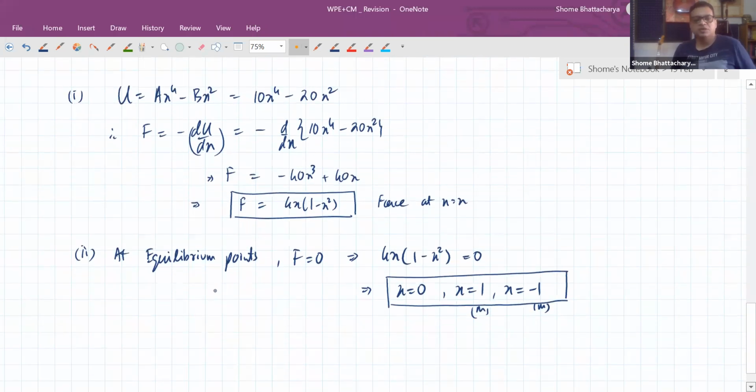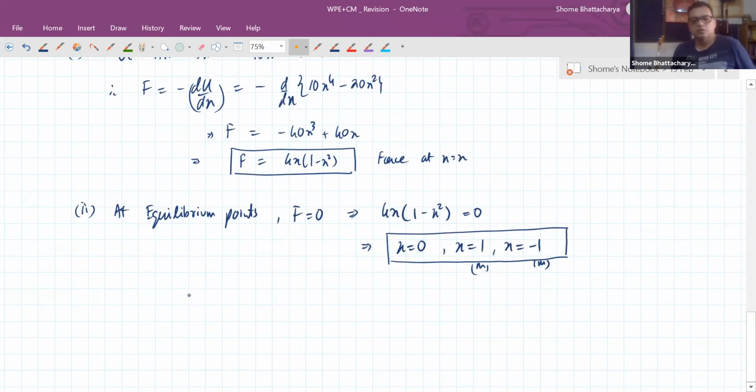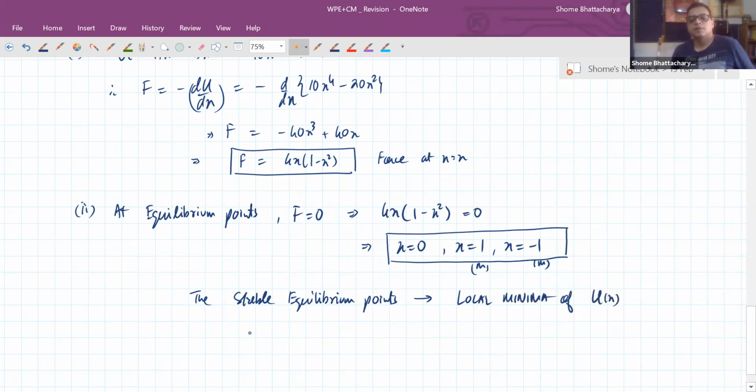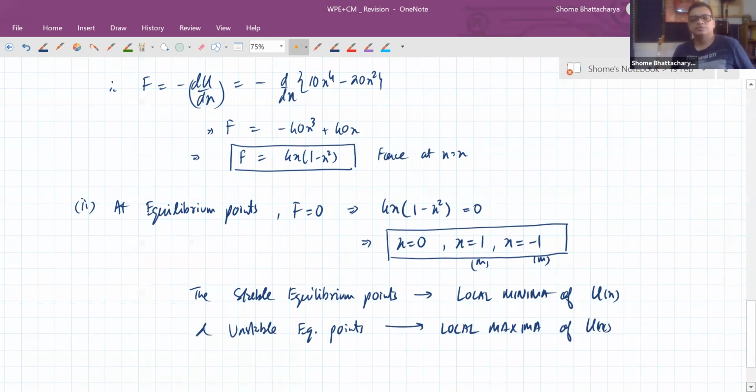Now about stable and unstable equilibrium points, as you know, the stable equilibrium points are local minima of the potential energy function, and the unstable equilibrium points will be local maxima of the potential energy function.